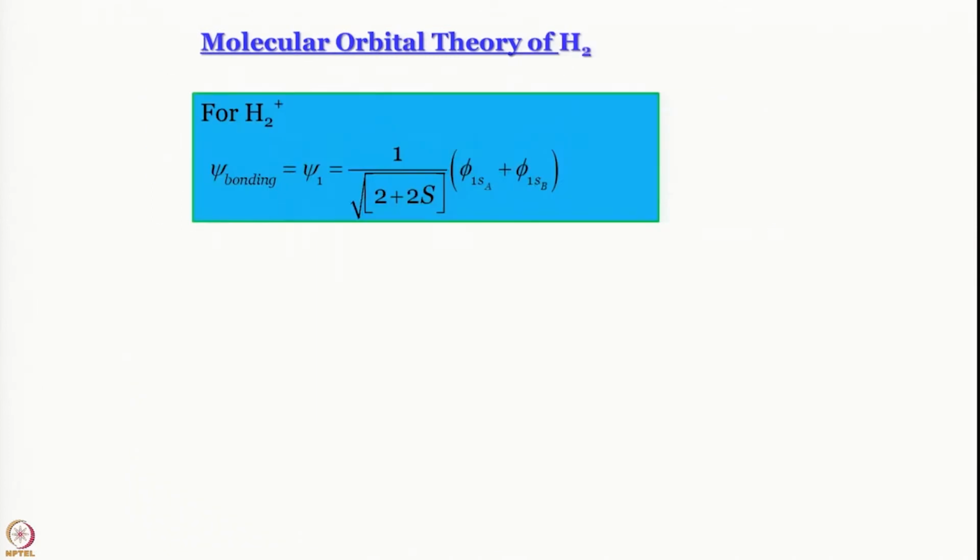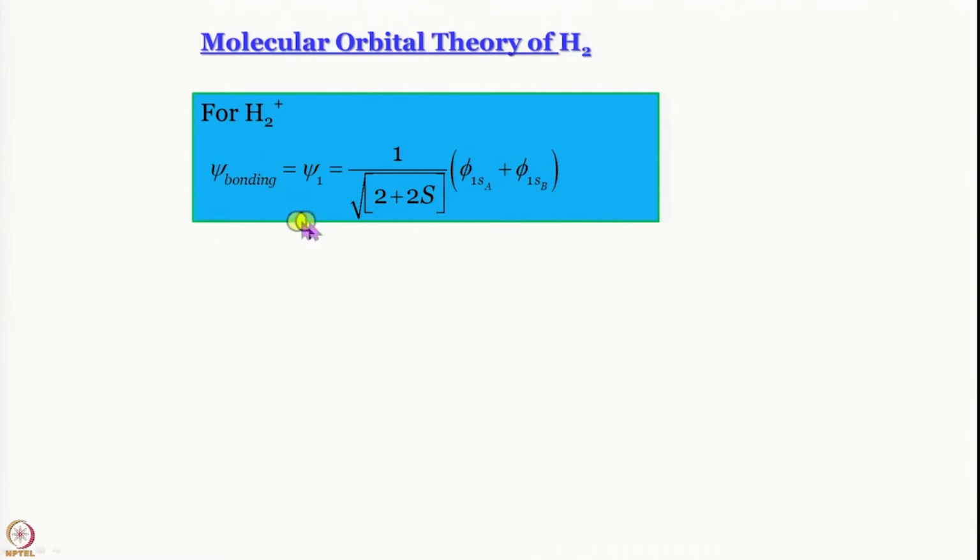Now see, so for molecular orbital theory of hydrogen, now we have moved on. We want to use molecular orbitals that we generated in H2 plus, and we want to describe dihydrogen H2 using those same molecular orbitals. Well, we might have to correct for shielding and all, that is fine, but assuming all that has been done and assuming that variation method has been used to minimize energy, the kind of expression we get is this.